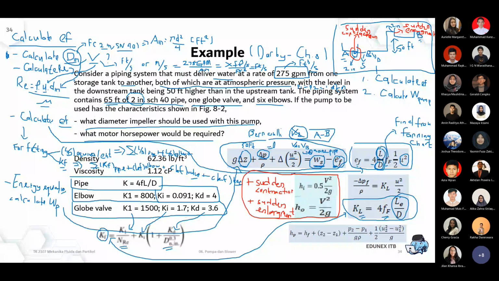Then last step, you go to the pump curve. Check your flow versus head required.